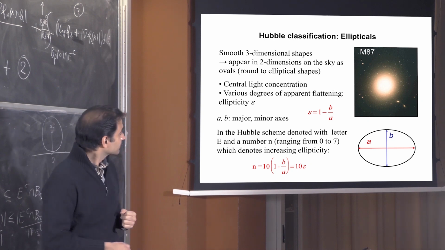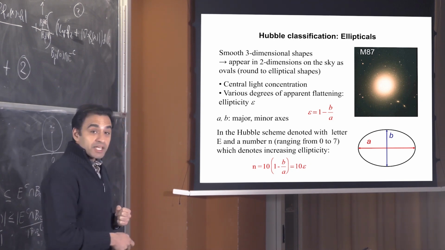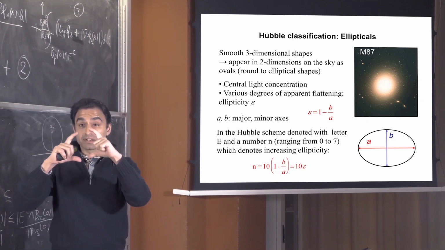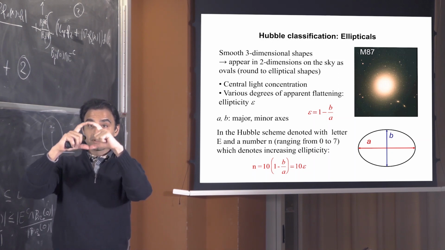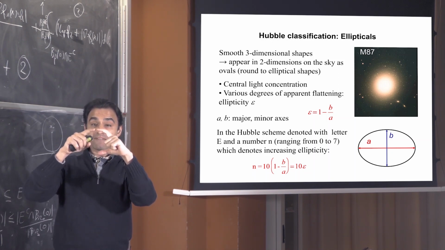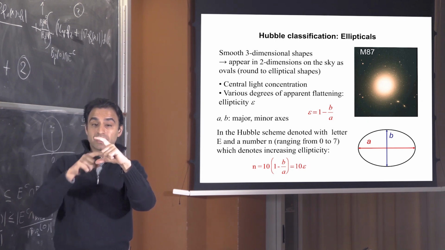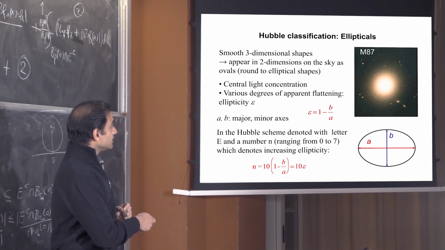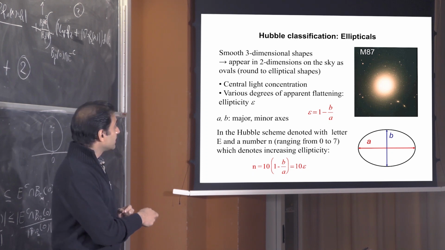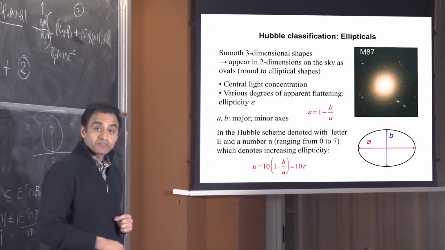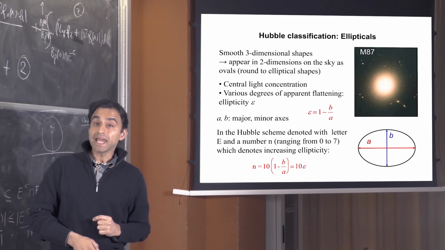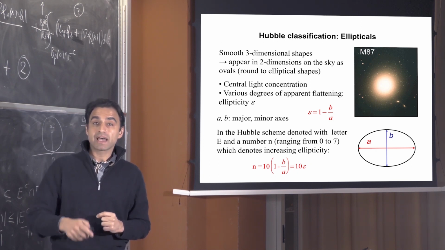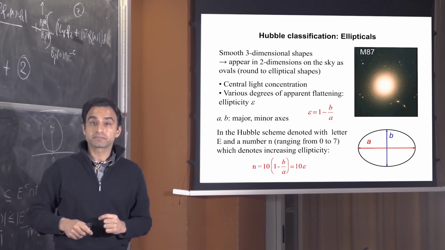For example, if the ellipse were a perfect circle, what happens? You would have that the semi-major and semi-minor axes are exactly equal. So B equals A, so this ratio is 1, and this becomes 1 minus 1 equals 0. So a perfect circle will be labeled by astronomers as E0.